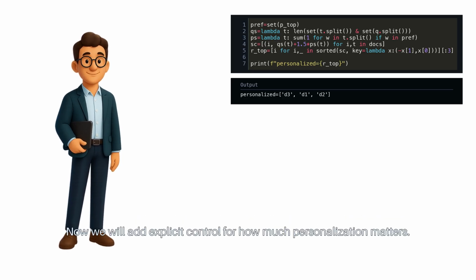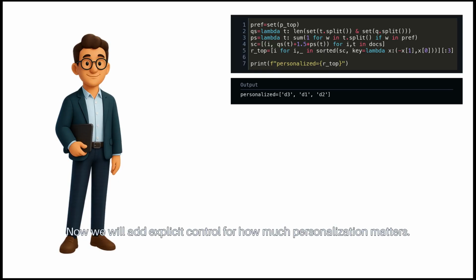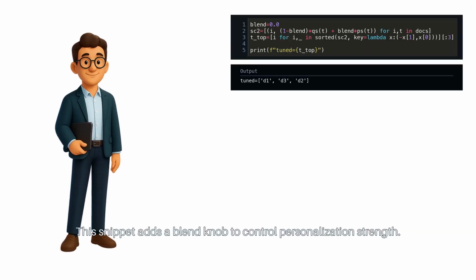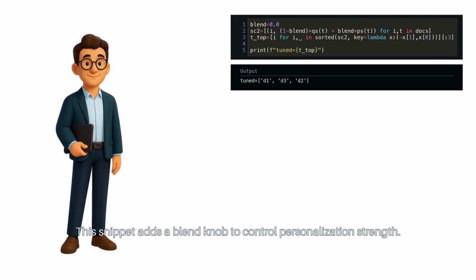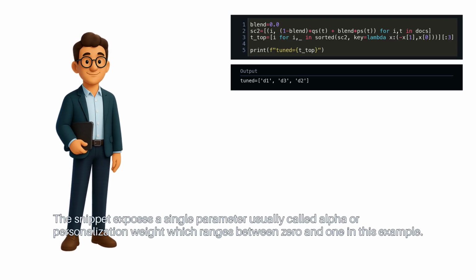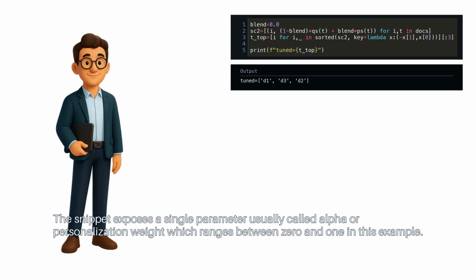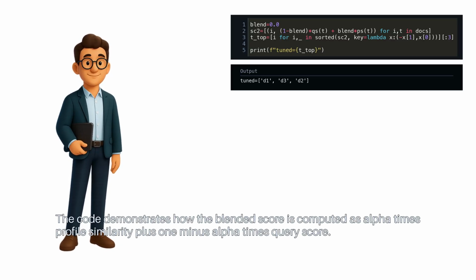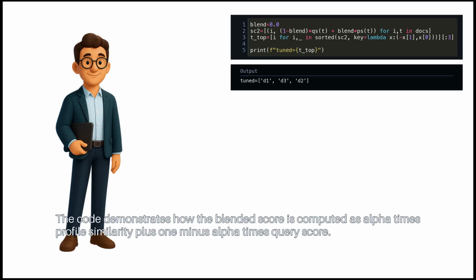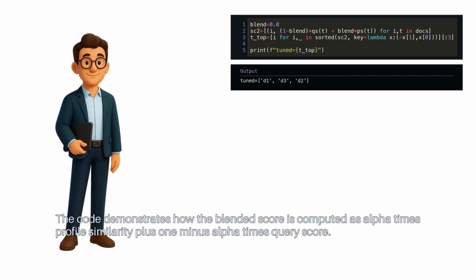Now we will add explicit control for how much personalization matters. This snippet adds a blend knob to control personalization strength. The snippet exposes a single parameter, usually called alpha or personalization weight, which ranges between 0 and 1 in this example. The code demonstrates how the blended score is computed as alpha times profile similarity plus 1 minus alpha times query score.